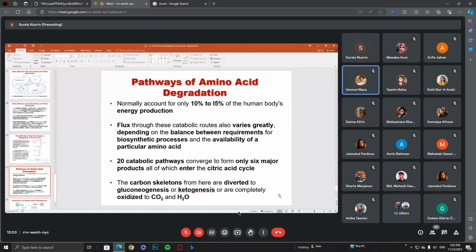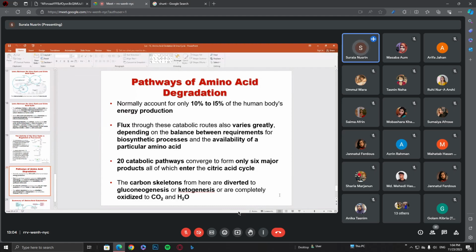That should be the case, because all the amino acids differ according to their R group. They have different R groups, right? So obviously they have 20 different catabolic pathways. But interestingly, these 20 catabolic pathways converge to only 6 major products.